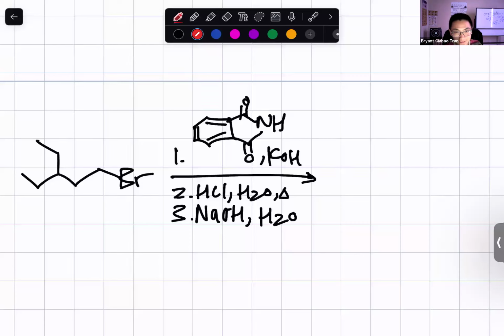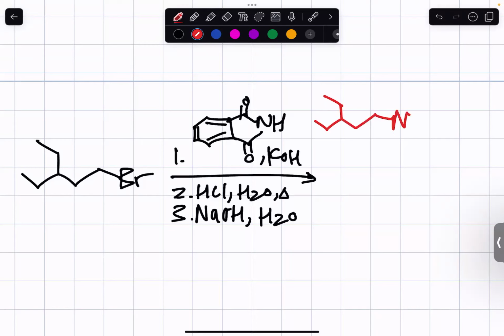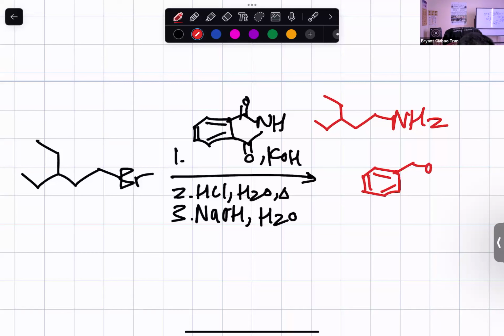It's okay if you get it wrong, because we could fix the mistake and prevent it on the exam. Doesn't it just follow the same structure as our haloalkane, except the Br is replaced with an amine, and then your side product is the phthalic acid? Right, that's correct.